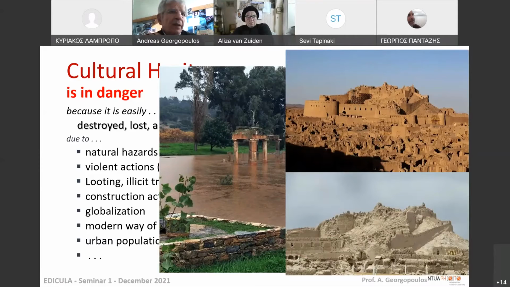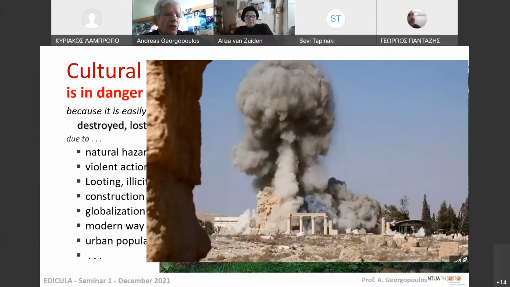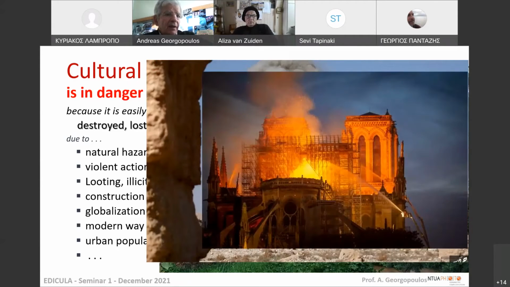This is the result of another destructive earthquake that happened in Kathmandu, before on the left and after on the right. And of course, we know of violent actions in the Middle East. And recently we had the fire in Notre Dame in Paris.